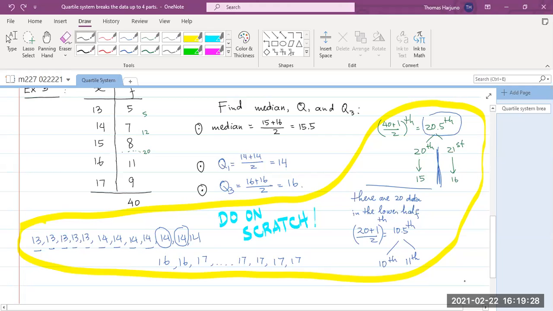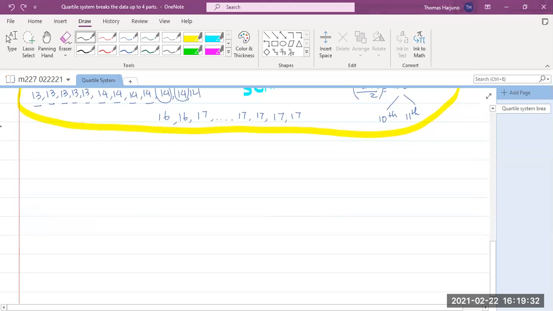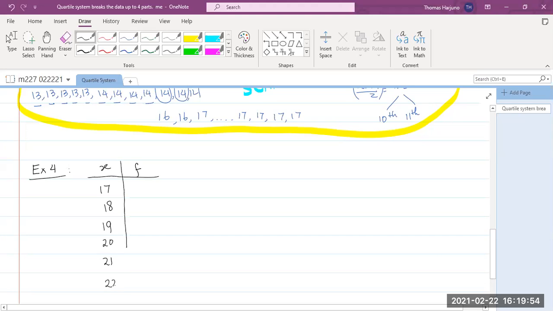Let me give you some sample for you to practice. Example 4. Let's say we have this data set. Start from 17, 18, 19, 20, 21, 22.